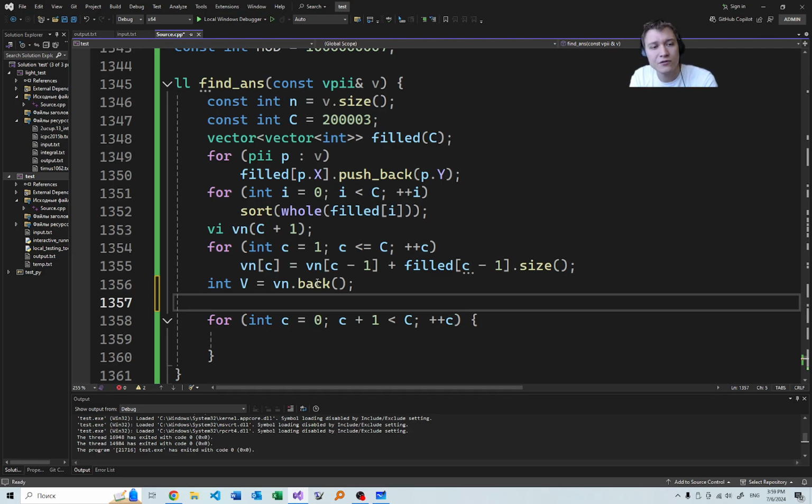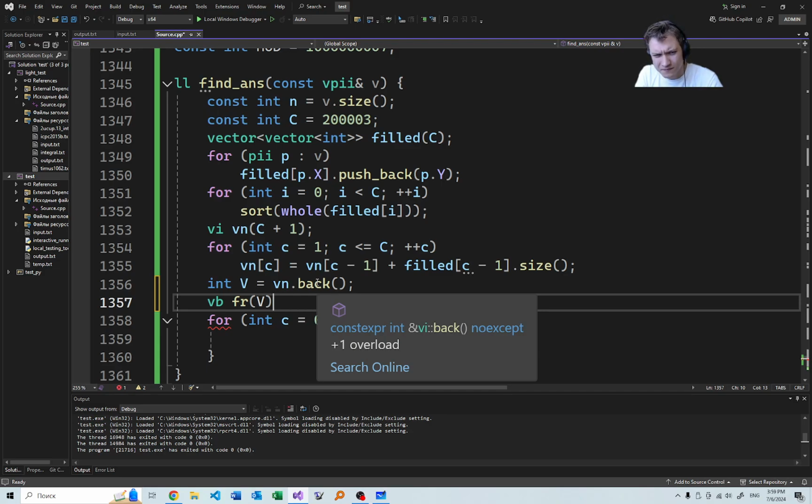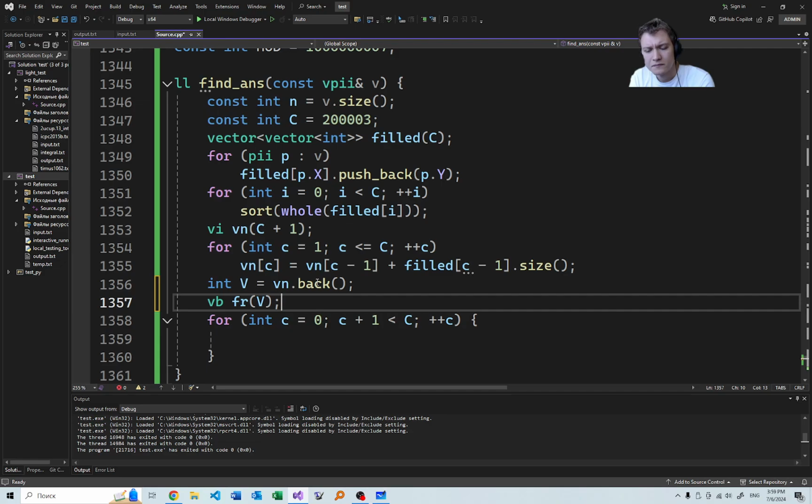For each vertex, I want to know its size and whether it is free or not. So first of all, is it free or not? Initially, everything is not free. And its length.